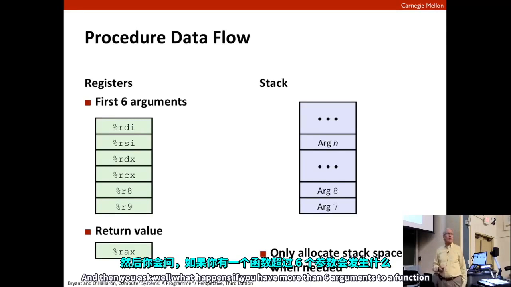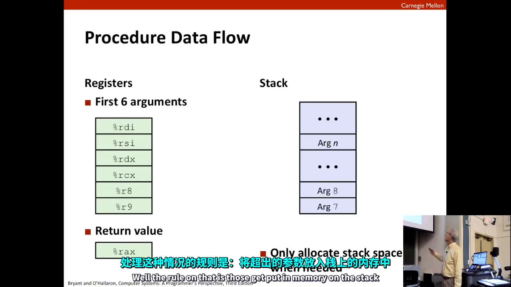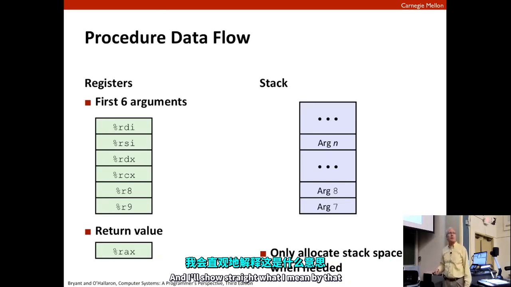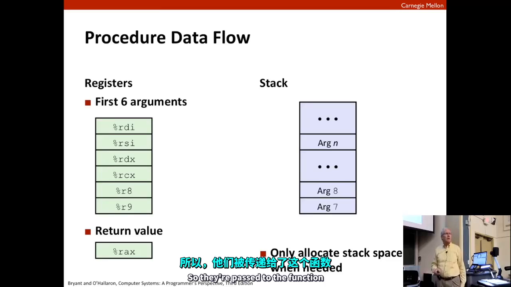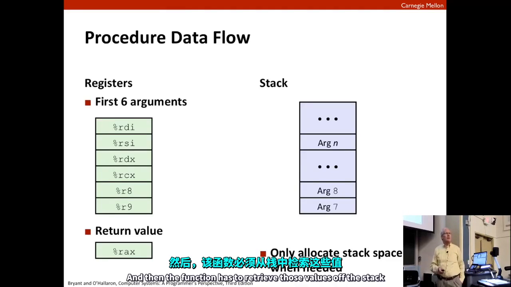And then you ask, well, what happens if you have more than 6 arguments to a function, which isn't very common, but it happens. Well, the rule is those get put in memory on the stack, and I'll illustrate what I mean by that. So they're passed to the function, and then the function has to retrieve those values off the stack.